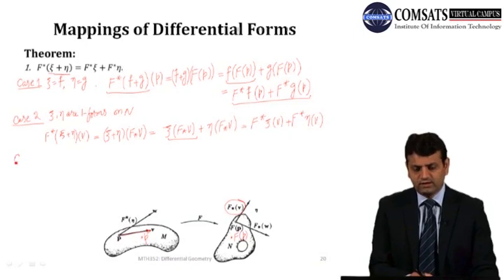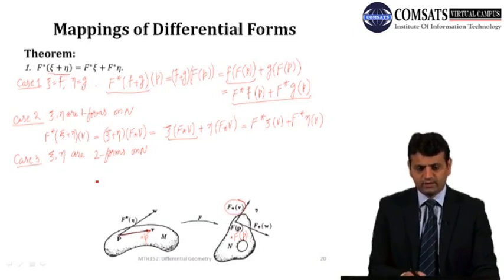Now let's consider the last case, case 3, when xi and eta are two forms, and these are two forms on N, and definitely the pullback of xi plus eta is going to be a two form on the surface M. Now if we want to check the equality of these two expressions, then we must check that they are equal for each and every pair of vectors, because xi and eta are two forms.